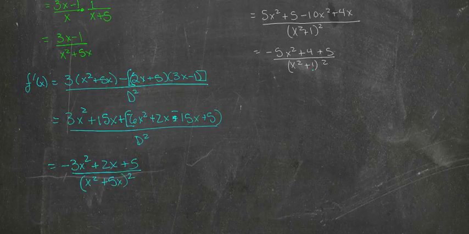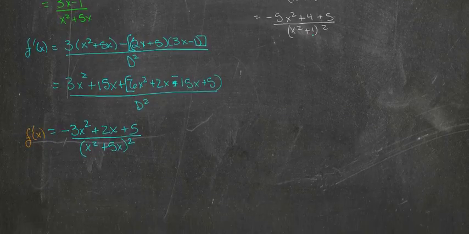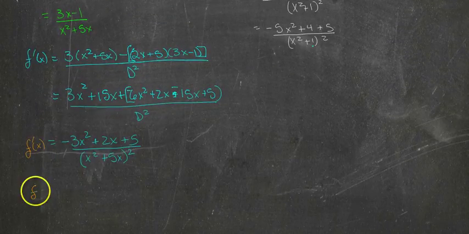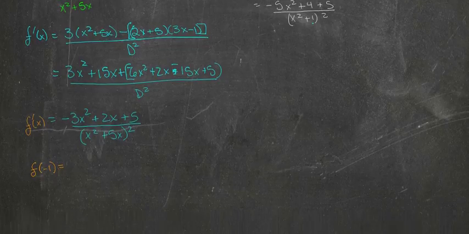Now we want to finish out by writing the equation. So f prime is the slope of my tangent line. Let's figure out what it is at the point we were working with, negative 1, 1. So I'm going to plug in negative 1 for x.